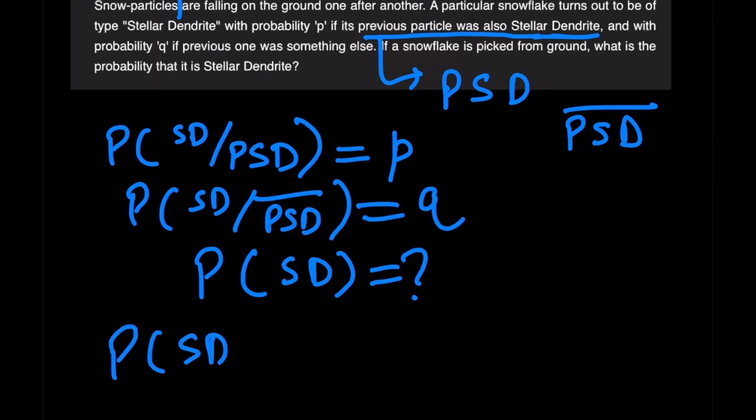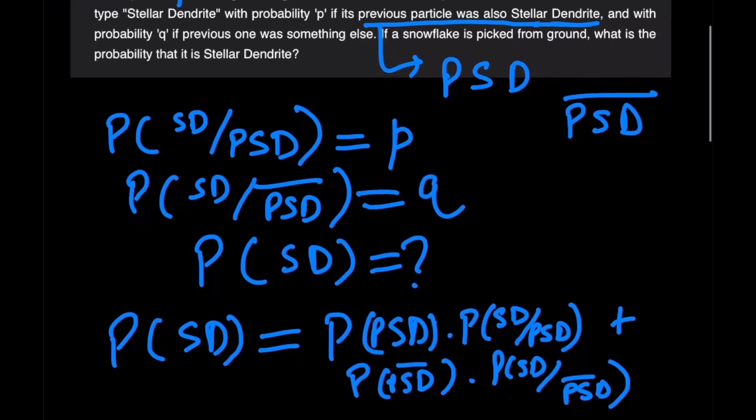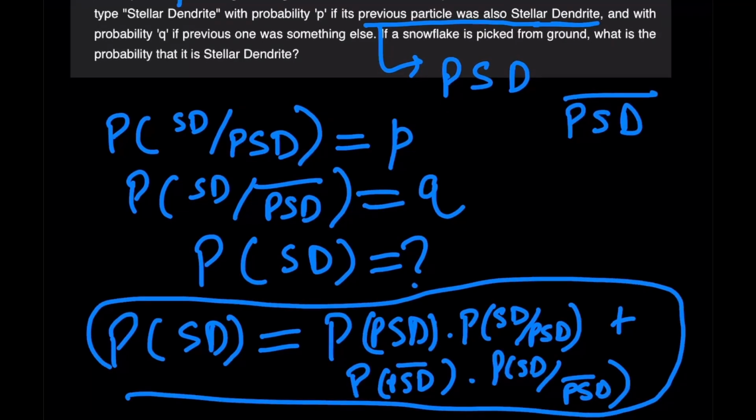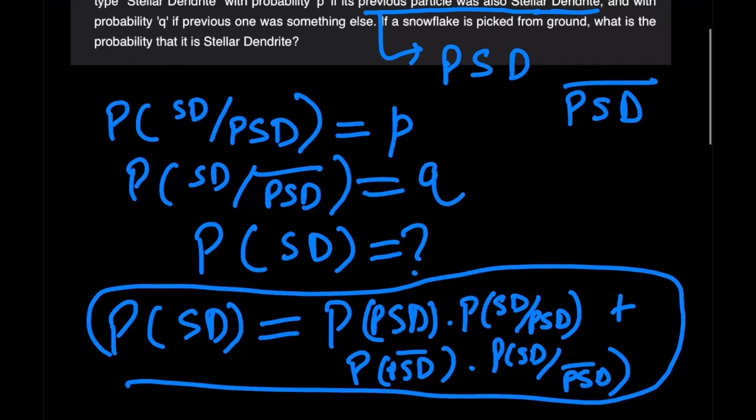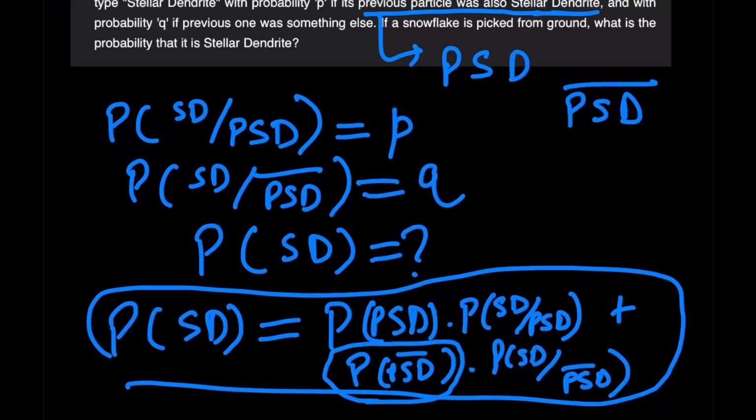at least we can say that the probability of a stellar dendrite, just by the total probability theorem, is equal to this expression over here. Basically, I'm saying that the probability of getting a stellar dendrite when we pick up a snowflake from the ground is the probability that the previous snowflake was a stellar dendrite times the probability that, given the previous snowflake was a stellar dendrite, this snowflake is also going to be a stellar dendrite, plus the probability, just to have all the cases, that the previous one was not a stellar dendrite, multiplied by the probability of a stellar dendrite given it wasn't a stellar dendrite previously.